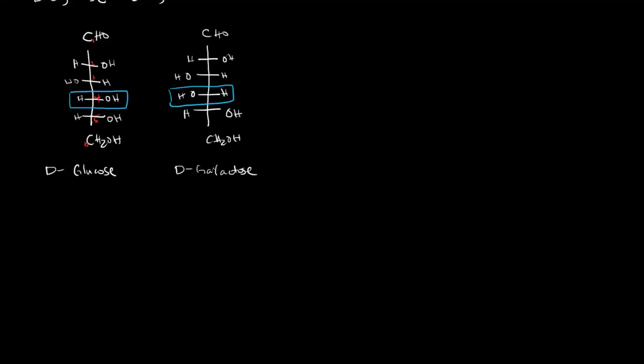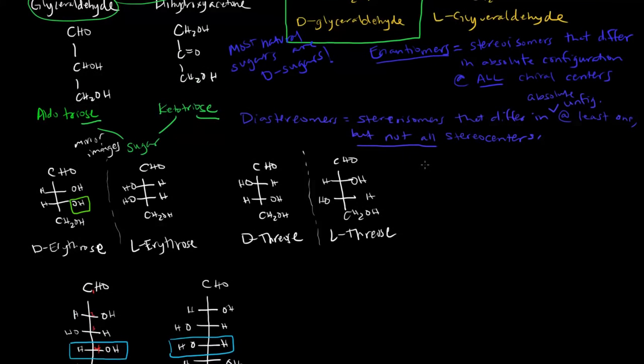Same thing over here. So these guys are diastereomers, because they differ at at least one, but not all of these stereocenters. Specifically, they are epimers. Let me scroll back up a little bit to mention something.